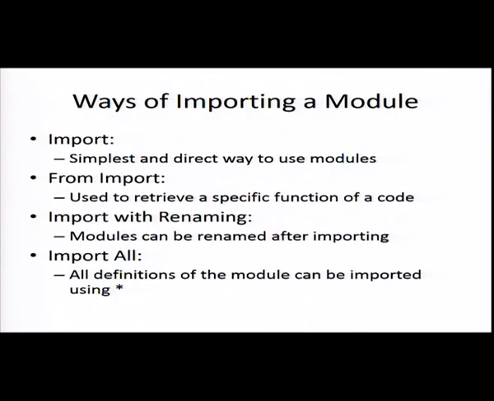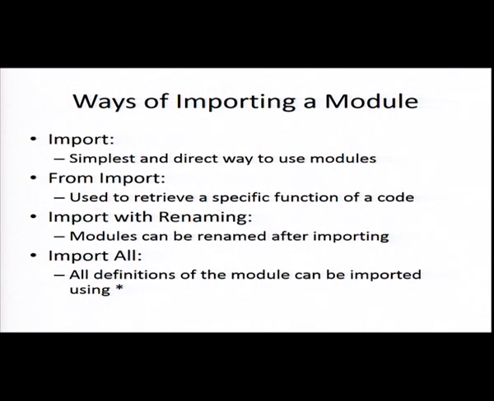The fourth way of importing a module is import all. That is, all the definitions of the module are imported using a star key. When you give import all, whatever definition is available within that module, anything and everything will be imported.